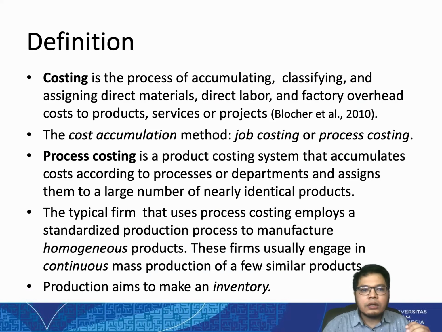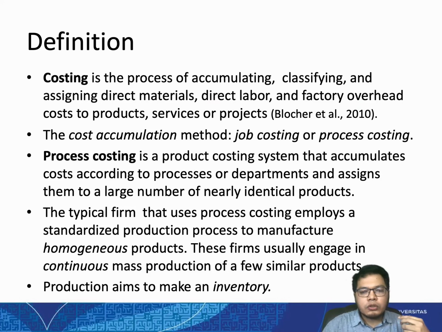So it's different from job costing, where job costing is usually based only on an order, and the type of product itself is quite customized. So every order is usually different from other orders. Usually they are one-time projects, one-time customized products, while process costing is for a nearly identical product that is continuously produced. So that is the difference.